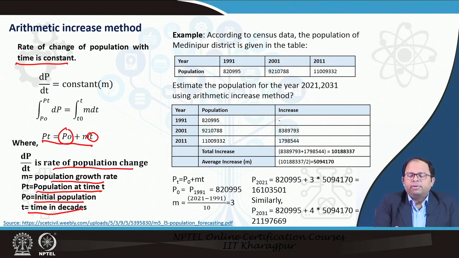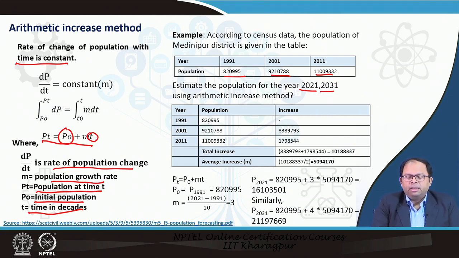In the example, you can see this is again pretty straightforward. We have got data for 1991, 2001 and 2011. This is the population data for Mendipur district, and using this data we can estimate the population for the year 2021 or 2031 using this method.